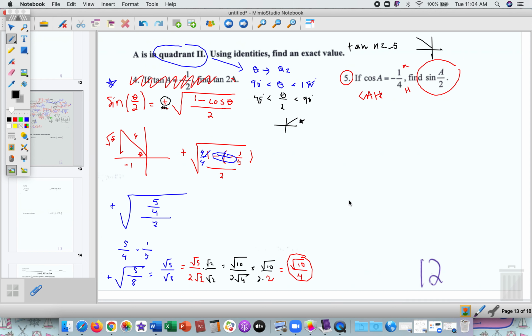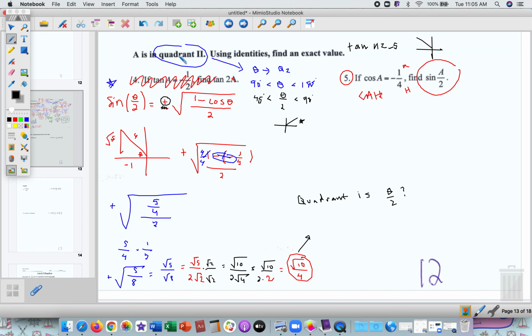Now, if someone said, what quadrant is theta over 2? Well, I just told you what we need to do.